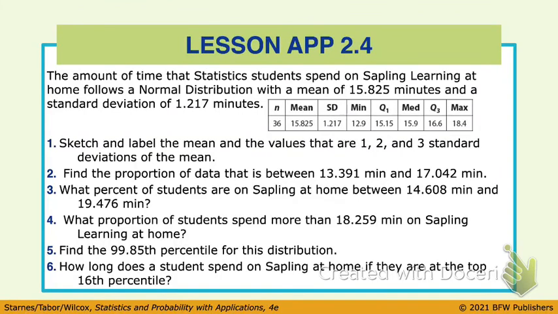So let's look at this example here from yesterday to see if we can remember what we did. The amount of time that statistics students spend on sapling learning at home follows a normal distribution with a mean of 15.825 minutes and a standard deviation of 1.217 minutes. And we have all the data there. We're supposed to sketch and label the mean and the values that are 1, 2, and 3 standard deviations from the mean.